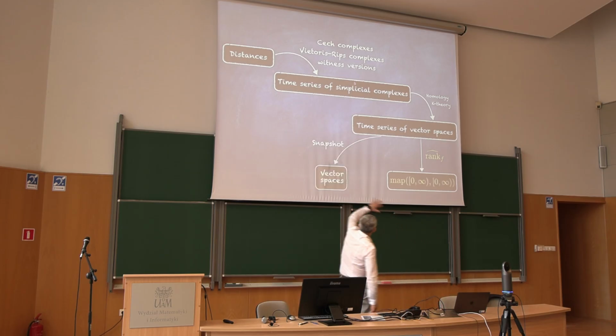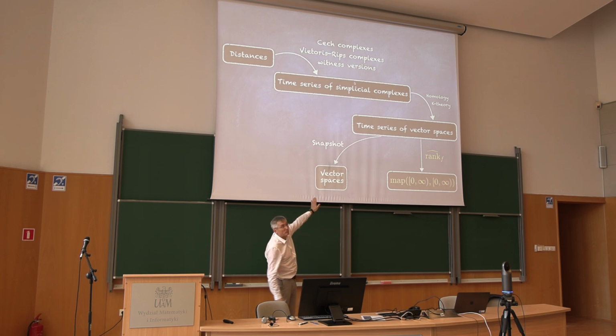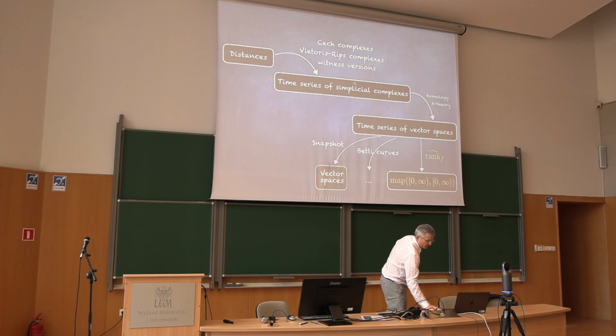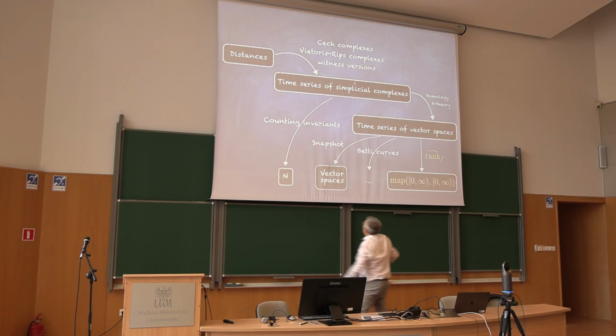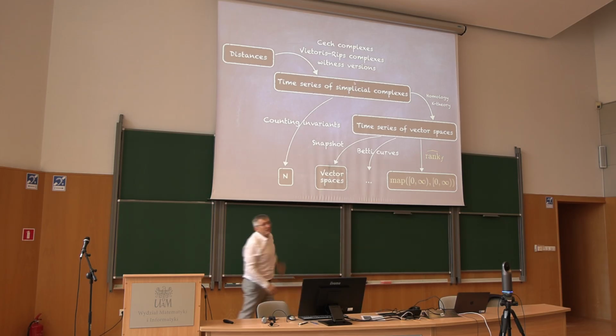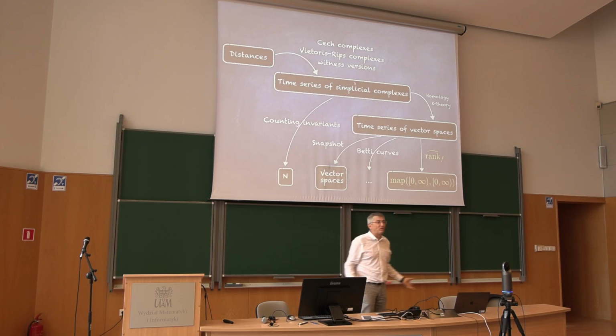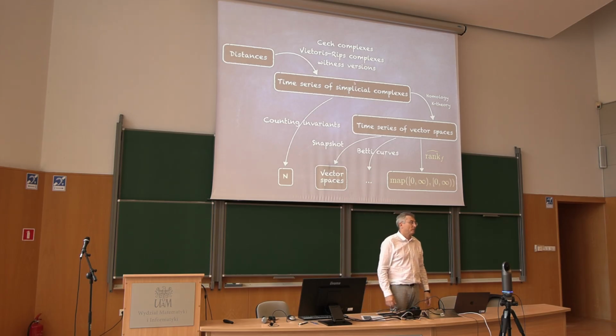We also have many other functions. We can look at this time series of vector spaces, take a snapshot, look at Betti curves, Euler characteristic curves. Maybe you are interested in counting invariants. Many people count the number of simplices that satisfy some properties. There are lots of other functions.